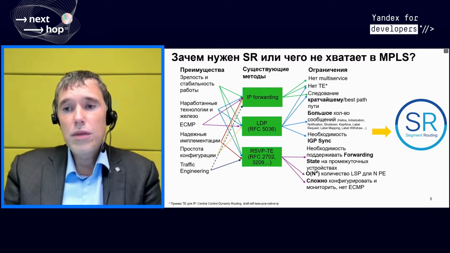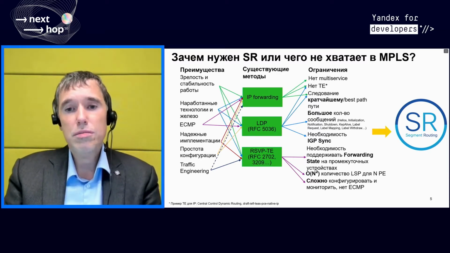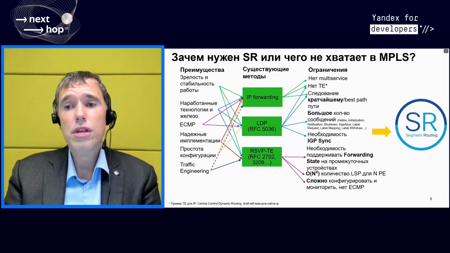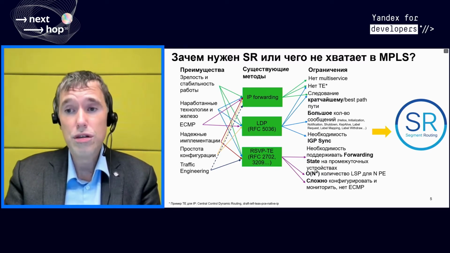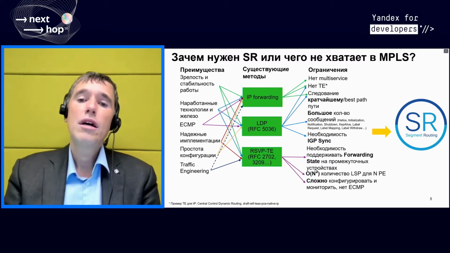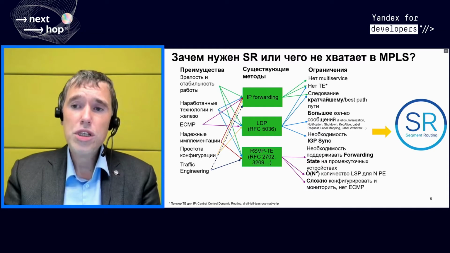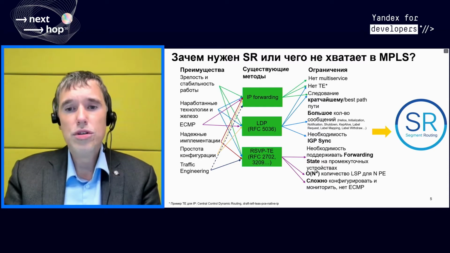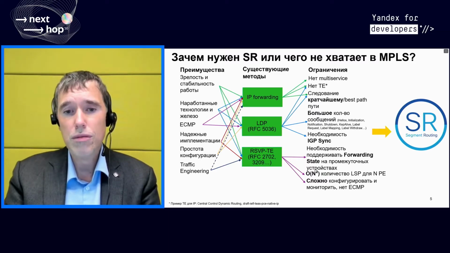Talking about the LDP protocol, we always have to build a tunnel via the protocol for dynamic routing. So traffic engineering is quite problematic in the event of LDP because you will need to face metrics, and there is a lot of noise as well, and you have to synchronize different things there.